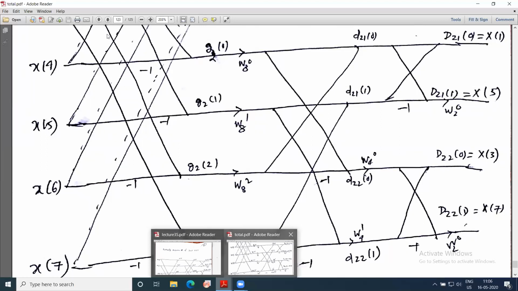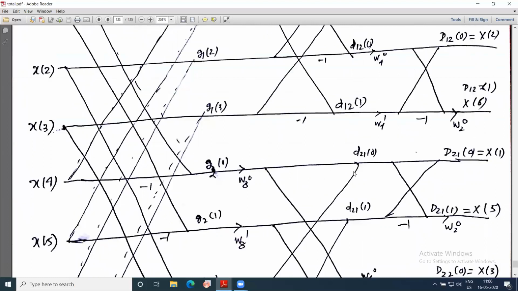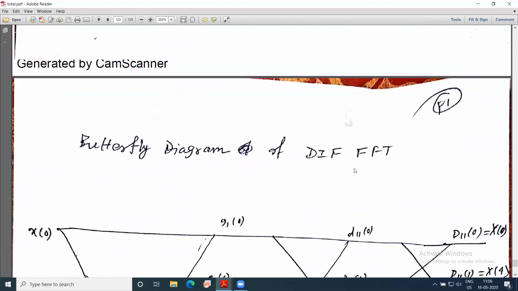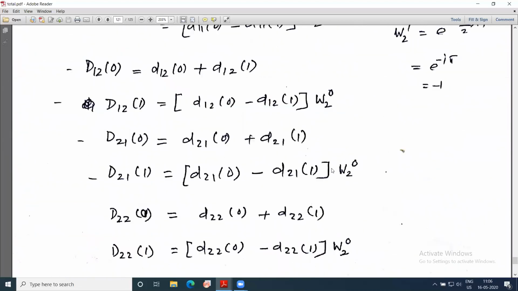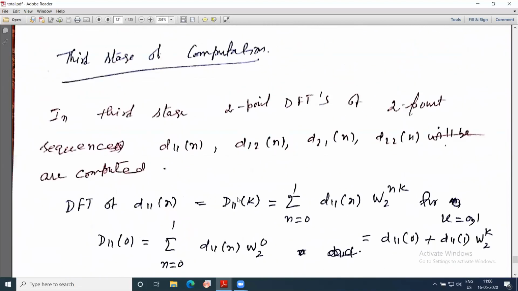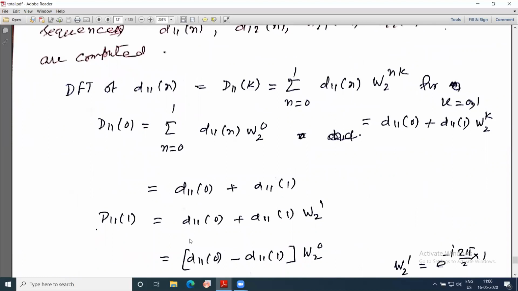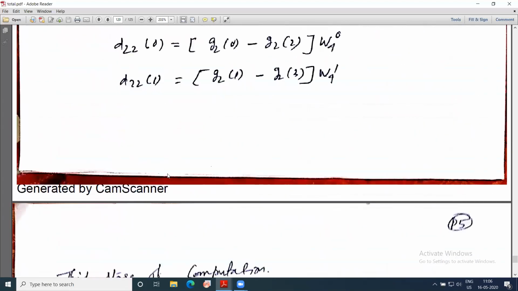Fine. Next thing that I will get here is, suppose I have to find next D11, right? So D11 of 0 will be D11 of 0 plus D11 of 1. We have to compute this expression.